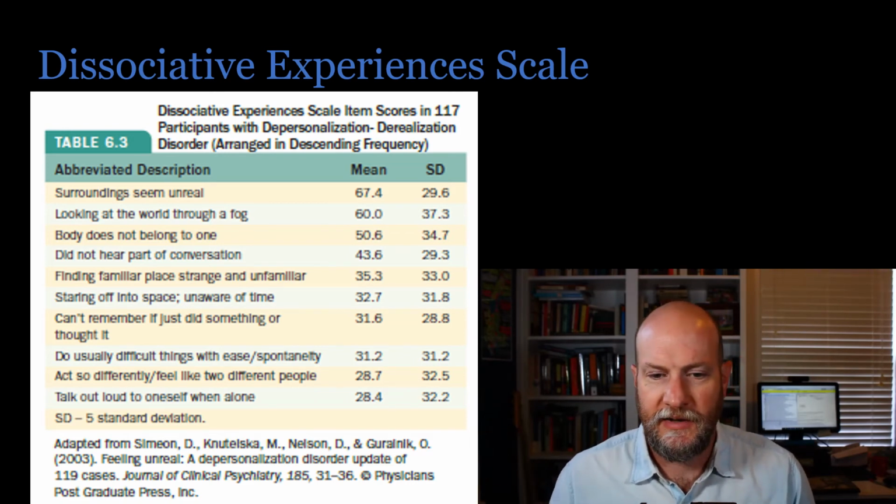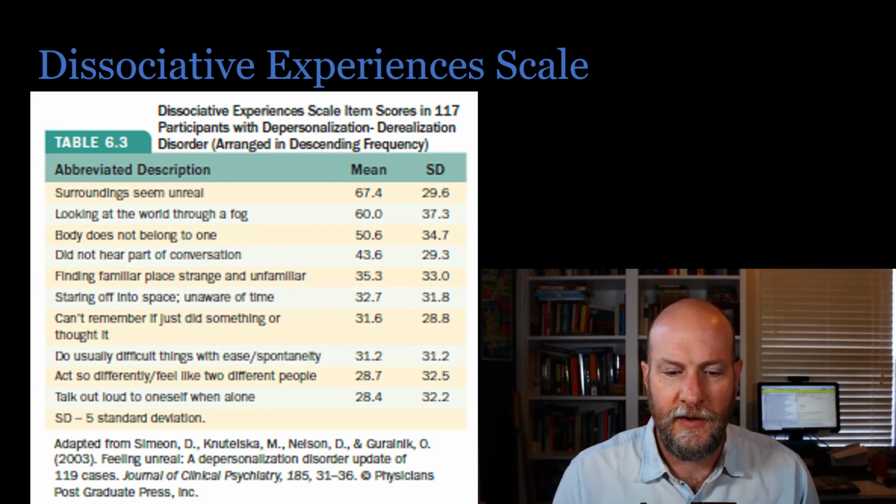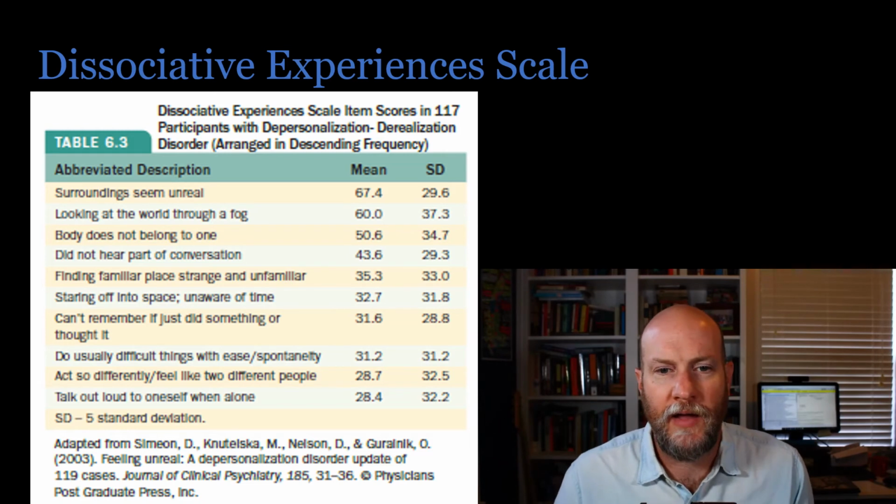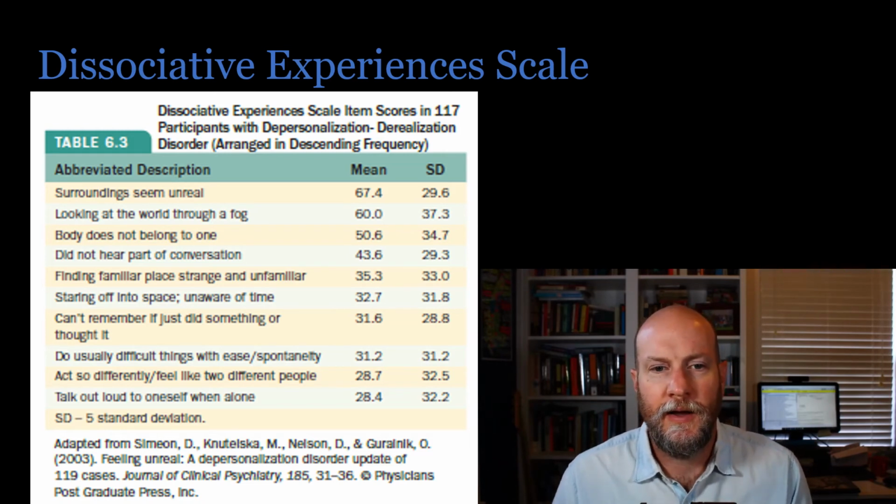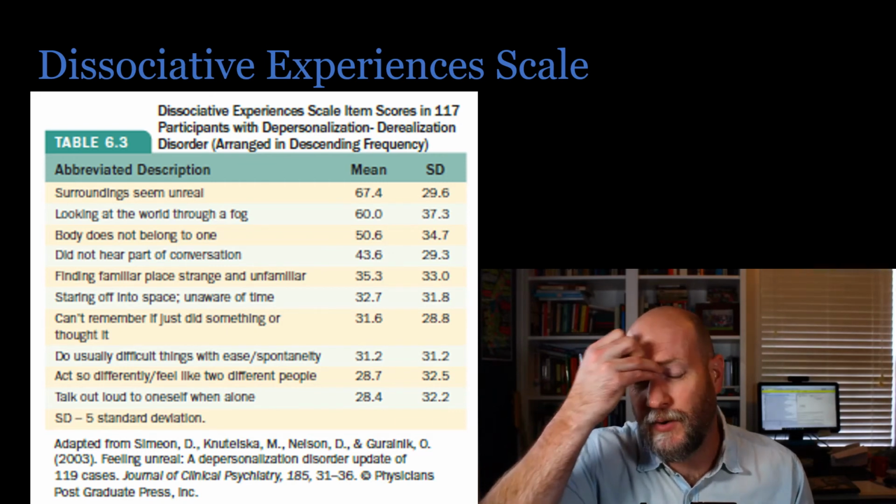So the idea of what you're seeing here is at the very bottom we have things like talking out loud to oneself when alone, acting so differently, feeling like two different people, doing usually difficult things with ease or spontaneity, can't remember if you just did something or thought about it, staring off into space, unaware of time, finding familiar places strange and unfamiliar, not hearing part of a conversation, a body does not feel like it belongs to you, looking at the world through a fog, and the surroundings seem unreal.